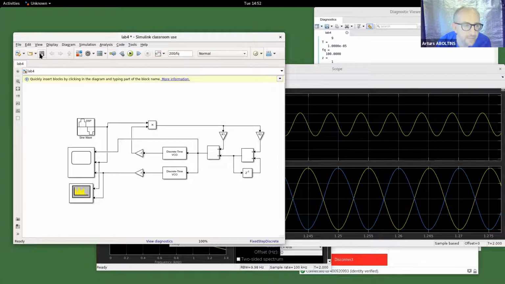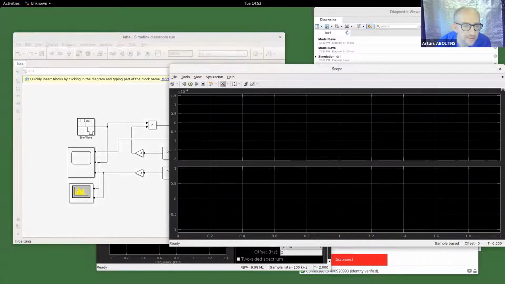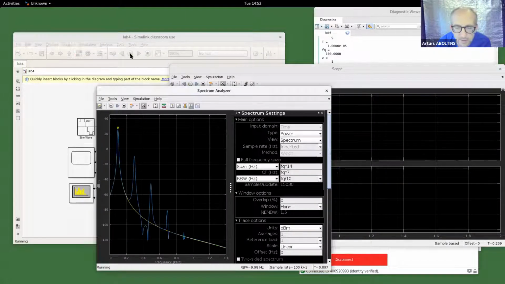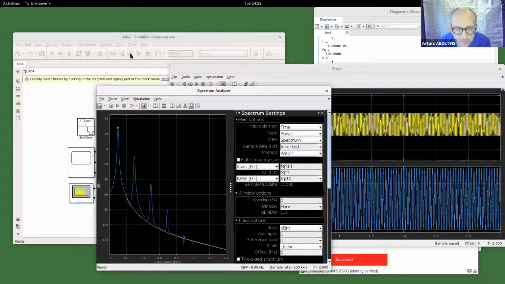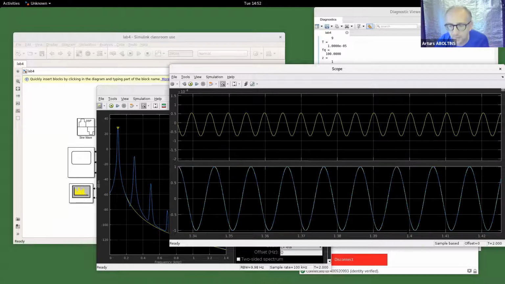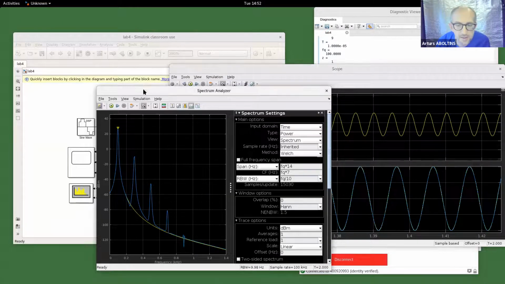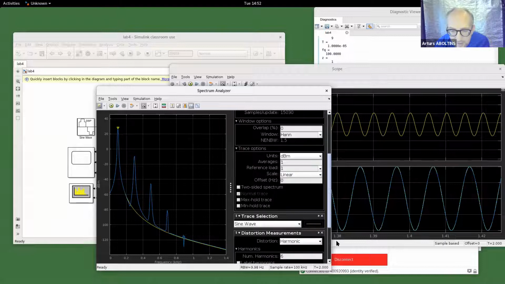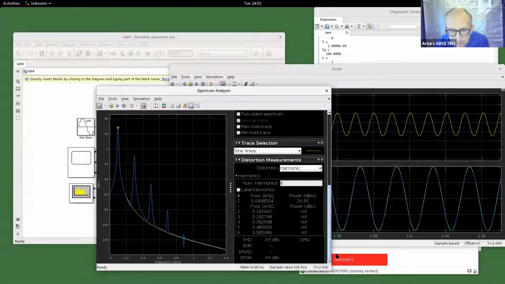Okay, let's check. Now, you see, it's perfectly matching again. And the THD is 1.4. So it's a much better solution.